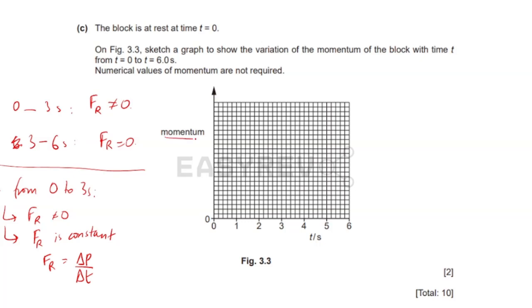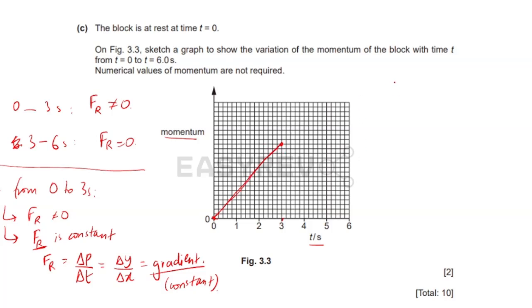Considering how you have momentum on the y-axis and time on the x-axis, this is basically a change along the y-axis versus a change along the x-axis, which is nothing but the gradient in this case. So if the resultant force is constant from 0 to 3 seconds, that basically means the gradient should also be constant. The value doesn't really matter here, so you could just draw a straight line from 0 anywhere up to 3 seconds. Let's do it like this. And so it'll be a straight line, right?